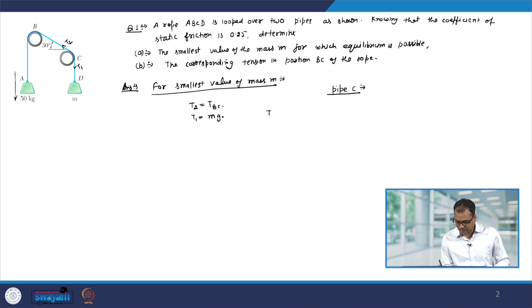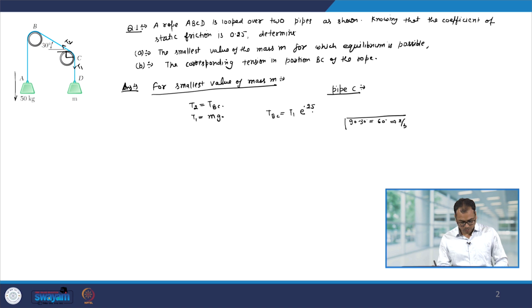Therefore, you can see that T2, which is TBC, equals T1 e to the power mu times beta. Mu is given, it is 0.25, and you have to see how much angle this rope is making on pipe C. If the rope would have been like that, it would have been 90 degrees, but since this angle is 30 degrees, the rope is making an angle of 90 minus 30 degrees, which is 60 degrees, and it can be written as pi by 3.